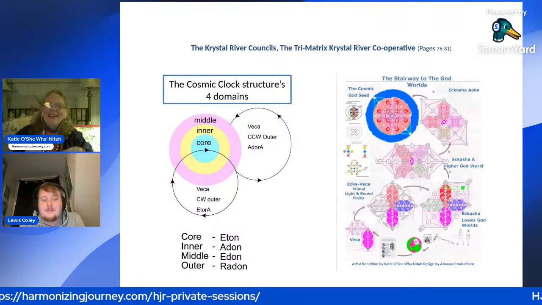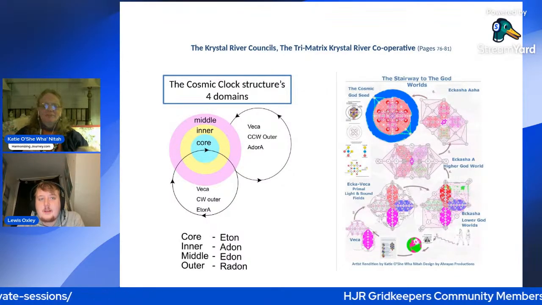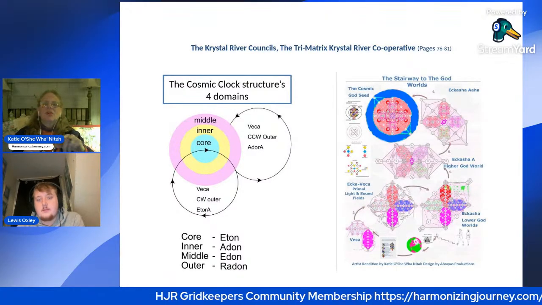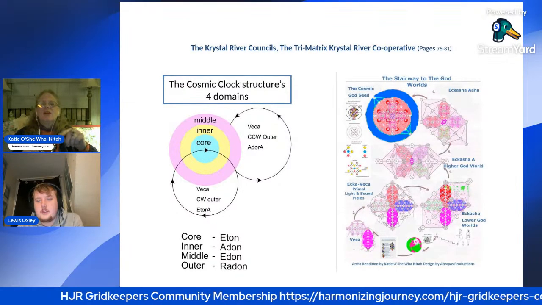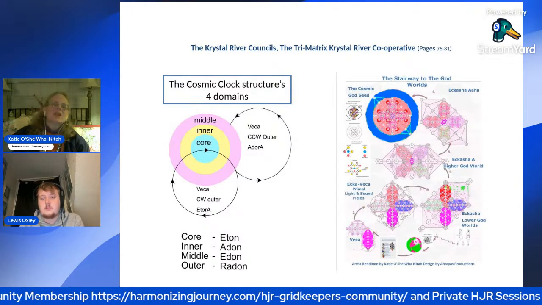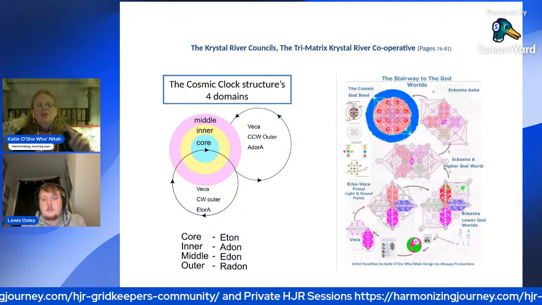So anyway, you can remember that from the last few sessions. And you'll see that little cross structure as well, what looks like a cross above the cosmic clock stuff on the Stairway to God Worlds map. We'll talk about that in a moment.